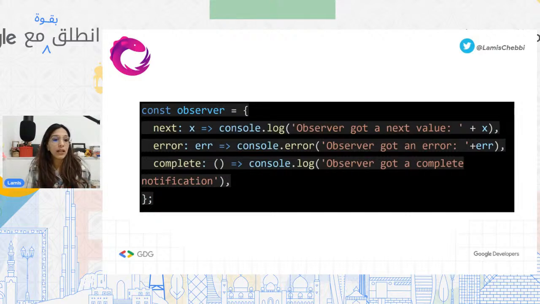Here you can see the observer callbacks. The first one, next, we use in order to send values to the listening observers, and error in order to throw an error. Complete is a callback that we can use in order to log something on the completion of the observable. So these are the observer methods.